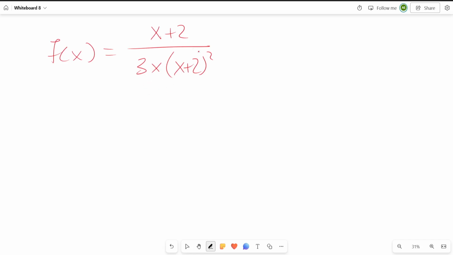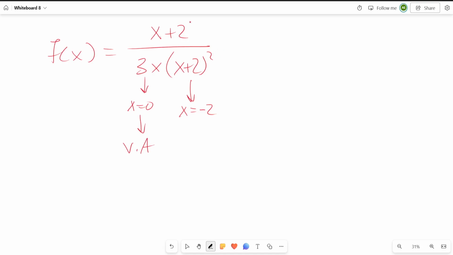The values that will cause the denominator to become 0 are x equals 0 from this 3x part and x equals minus 2 from this part. However, I can see that straight away the 3x has no 3x to cancel over here. There is nothing, so this is literally a vertical asymptote.